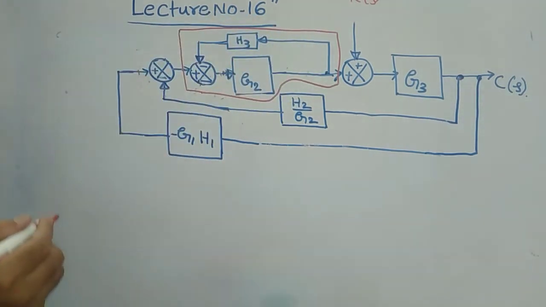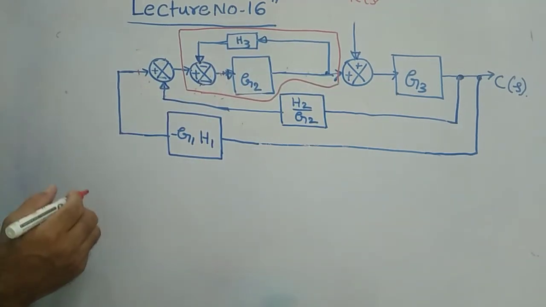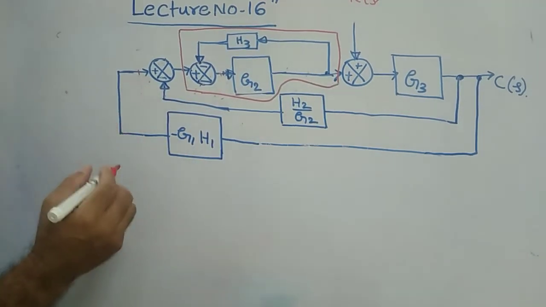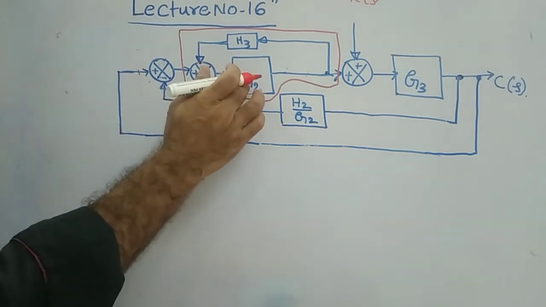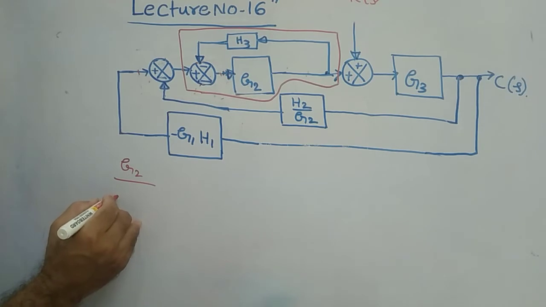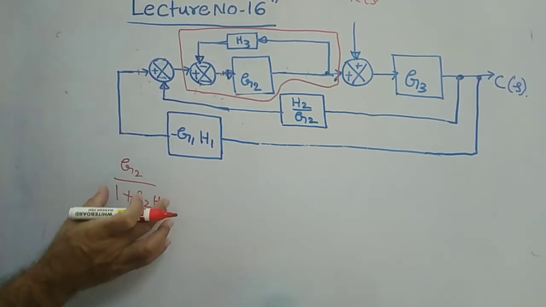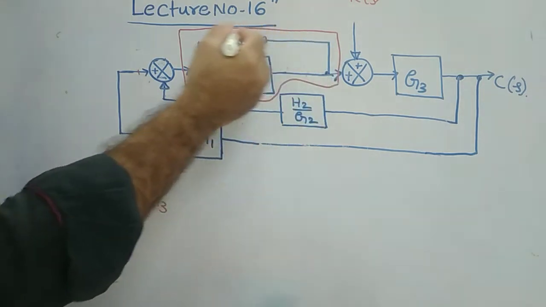If you eliminate that feedback loop up to this much, what will be your answer? Your answer is nothing but G2 by 1 plus G2 into H3. This much will come here in this block.